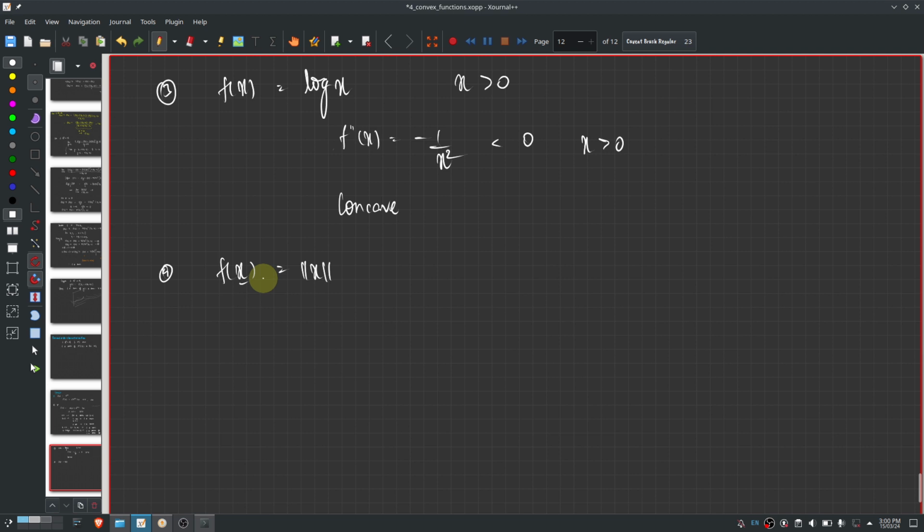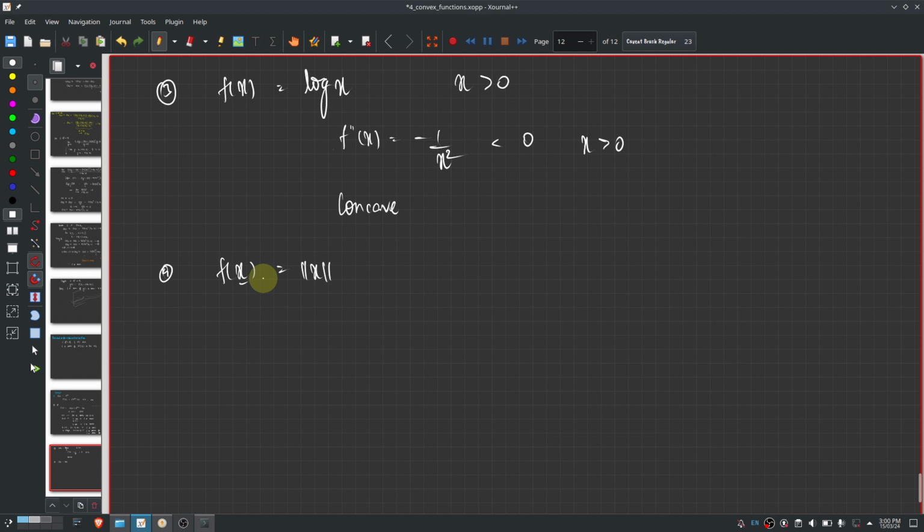Okay, x cube for x greater than or equal to 0. The derivative is 0 at 0. Okay, just 1 point. And let's say for all other points we know that it's convex. Do we still call the function convex?